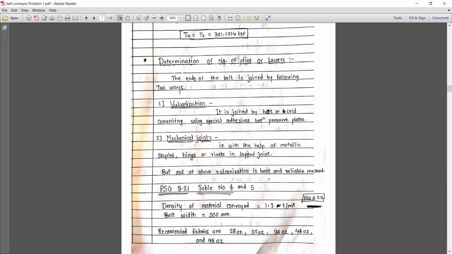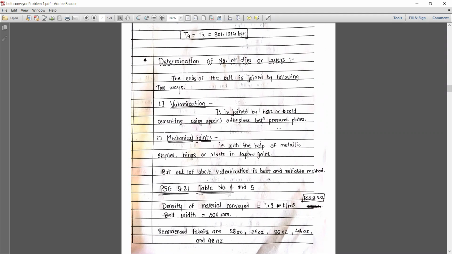First one is vulcanization and second one is a mechanical joint. In vulcanization, the joint is done by hot or cold cementing using a special adhesive between pressurized plates. So in this way, the vulcanization is done.